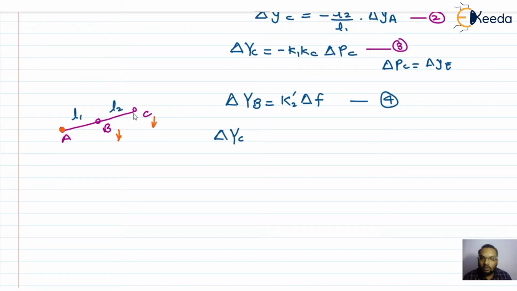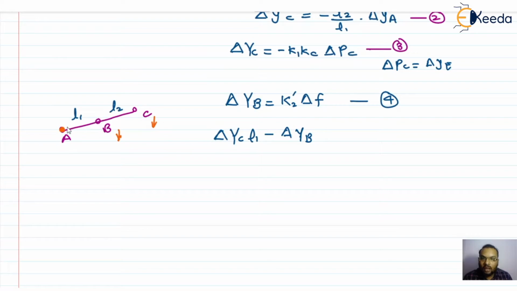The downward movement of C will be in multiplication with this L1, minus, see again now, if it is A and C, then we can say rotational movement we can consider, but as it is B and C, there will not be a rotational movement, so we'll get minus only, delta YB.